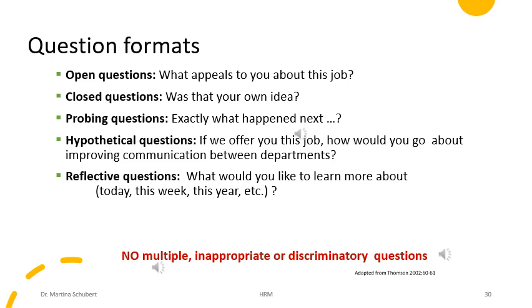Probing questions are necessary if you feel a candidate has not given you a full answer and you want to find out more. They can be used immediately after a candidate has referred to something you would like to know more about. Reflecting questions are designed to encourage the candidate to reflect on the experience and consider how he or she might have dealt with the situation in a different way.